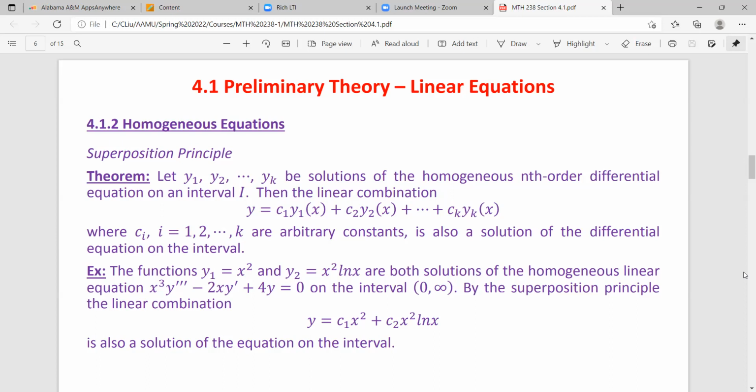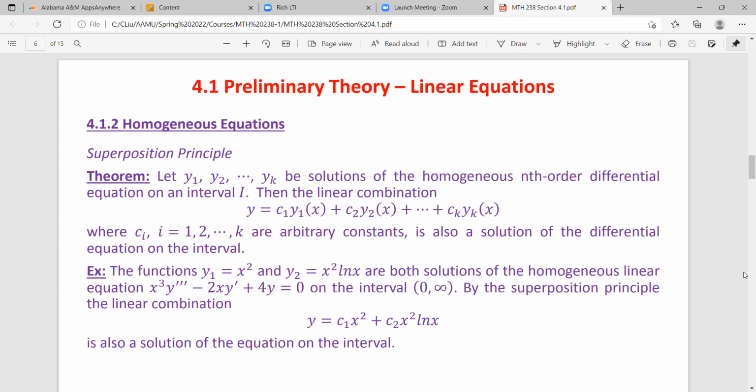And those two solutions are valid on the interval from 0 to infinity, that means for all positive numbers x. So according to the superposition principle, the linear combination of those two functions, y1 and y2, is also a solution of the equation.